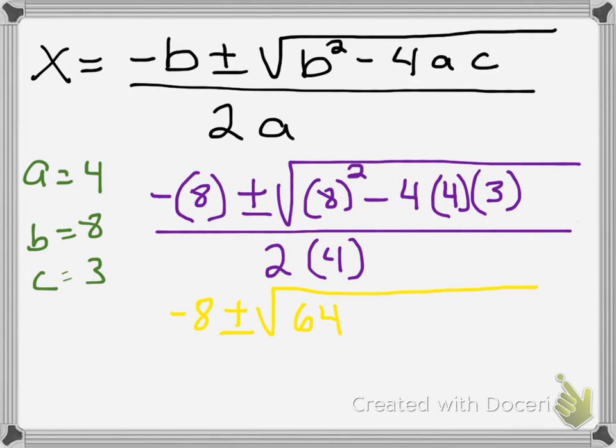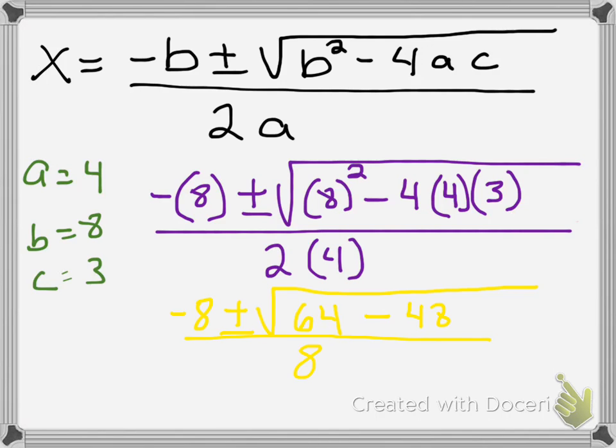This should always be a positive number right here. Okay? If it was negative 8 squared, it's still positive 64. Minus 4 times 3 is 48. Got ahead of myself. All over 8.